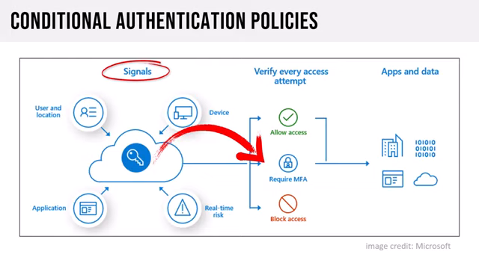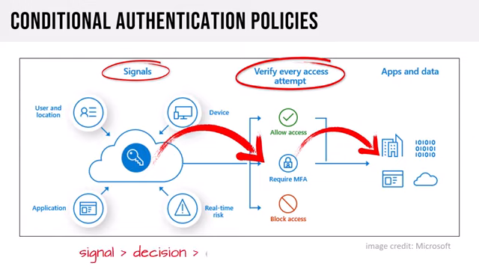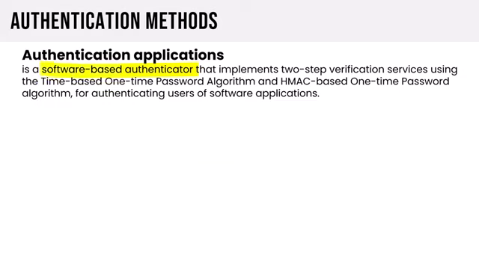We can throw an additional prompt at that user if the conditions tell us that there's something a bit unusual. And if they meet the bar, then they are granted access to our data and resources. And this functionality works seamlessly with the Authenticator app on our mobile device that's ubiquitous today, the authentication application it's also called.